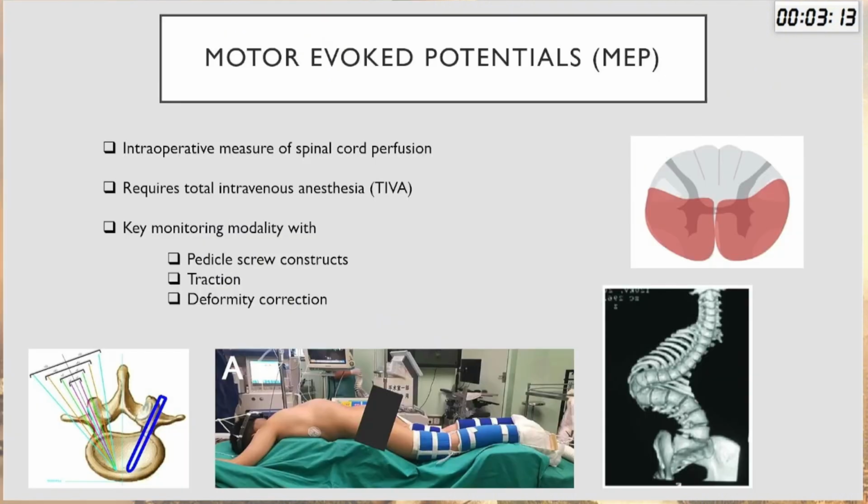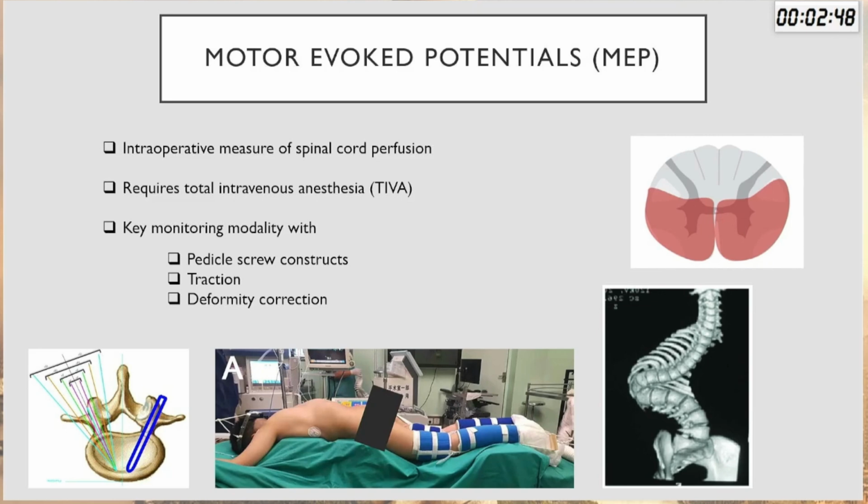The motor evoked potentials usually reflect the anterior cord function, and they are a measure of spinal cord perfusion, and they require total intravenous anesthesia. And we ask the neurophysiology technician to push the button in order to know about the motor evoked potentials.